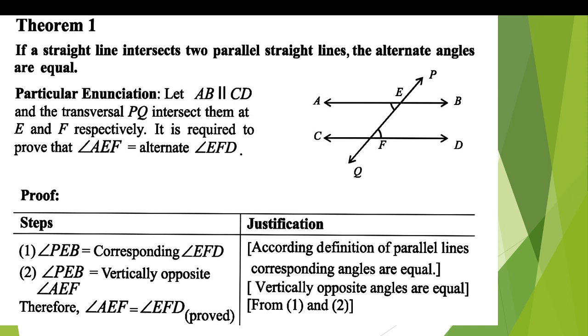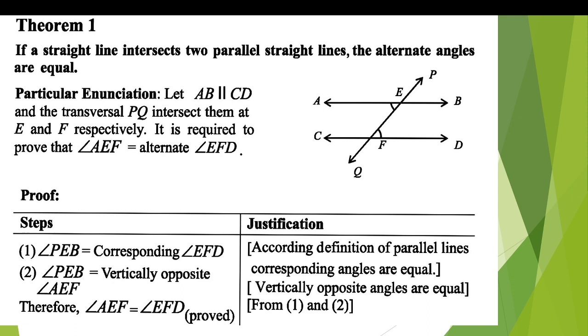Now the proof. First step: angle PEB equals corresponding angle EFD. According to the definition of parallel lines, corresponding angles are equal.